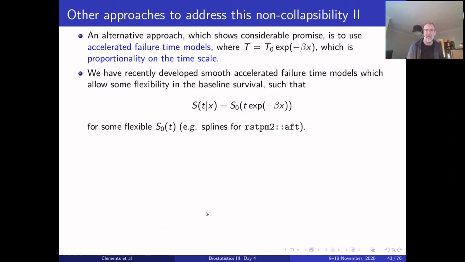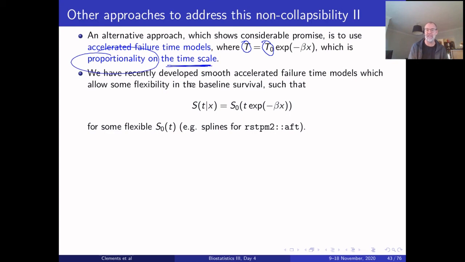Next, an alternative approach which shows considerable promise is to use accelerated failure time models, where the variable t is equal to some baseline time to event variable t naught times exponential of minus beta x, and this is proportionality on the time scale.